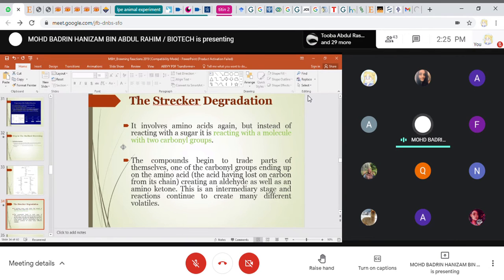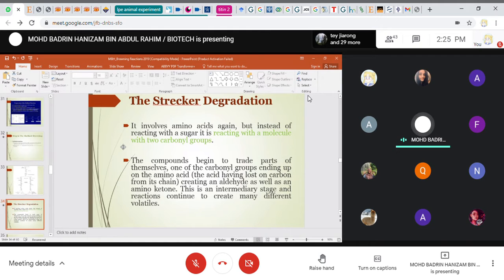What is Strecker degradation? This degradation involves amino acids again, but this time around, instead of just one carbonyl group, it involves the sugar reacting with a molecule with two carbonyl groups.